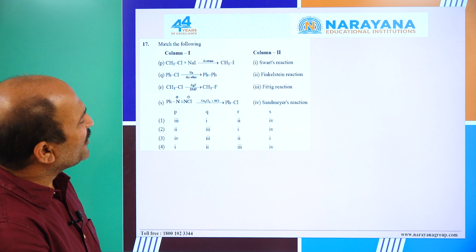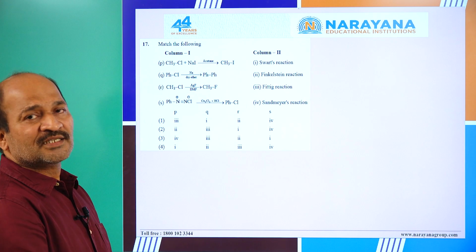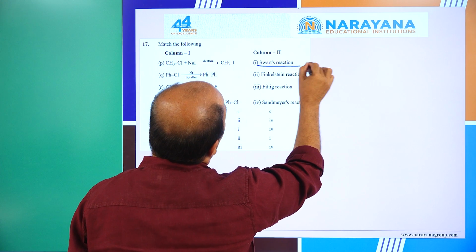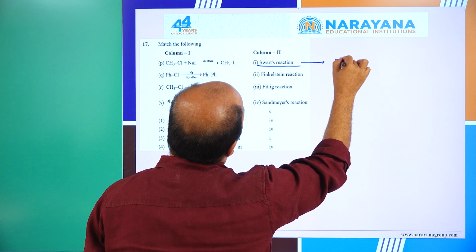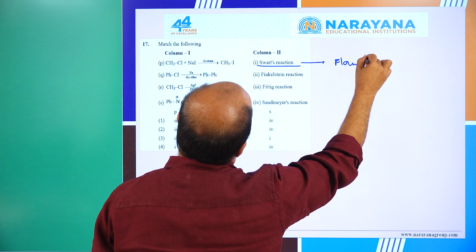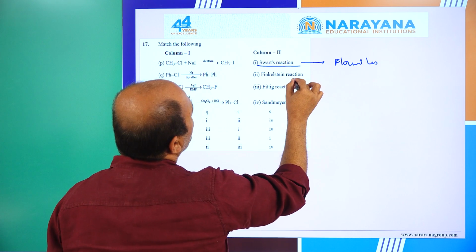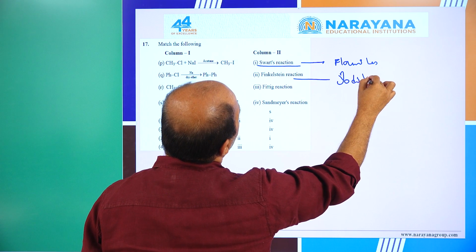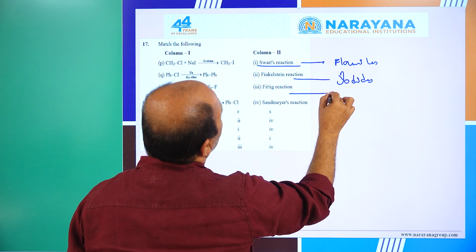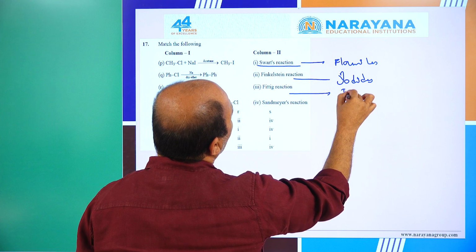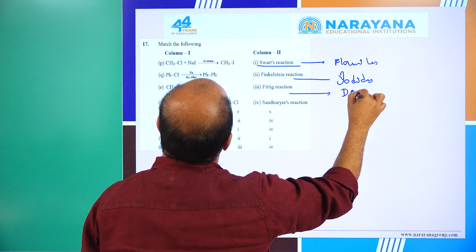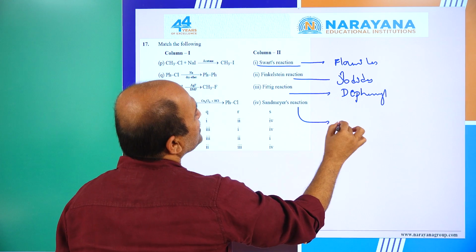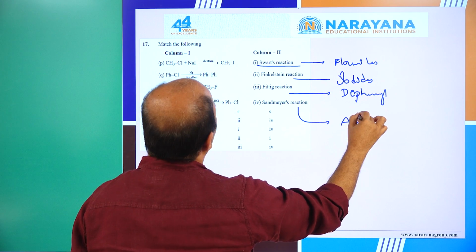Schwarz reaction, Finkelstein reaction, Fittig reaction, Sandmeyer reaction. Schwarz reaction is meant for fluorides. Finkelstein is for iodides, alkyl iodides. Fittig reaction is for diphenyls. And Sandmeyer reaction, aryl halides.